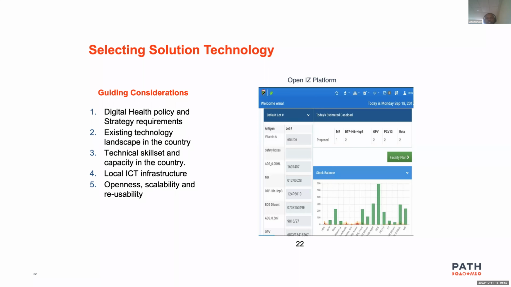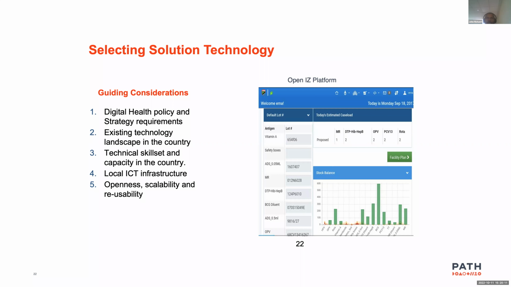This was referred to during the selection process because it highlights the strategic areas and priorities whenever you are selecting the tool that you would like to use in your country.